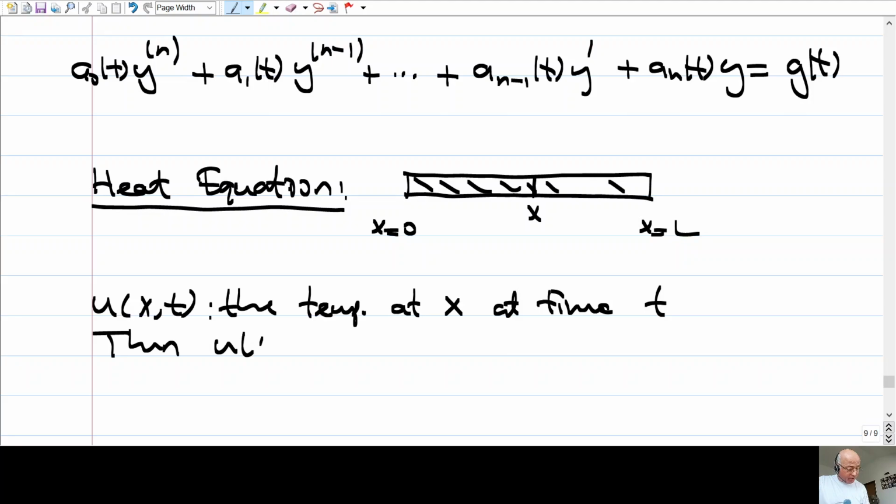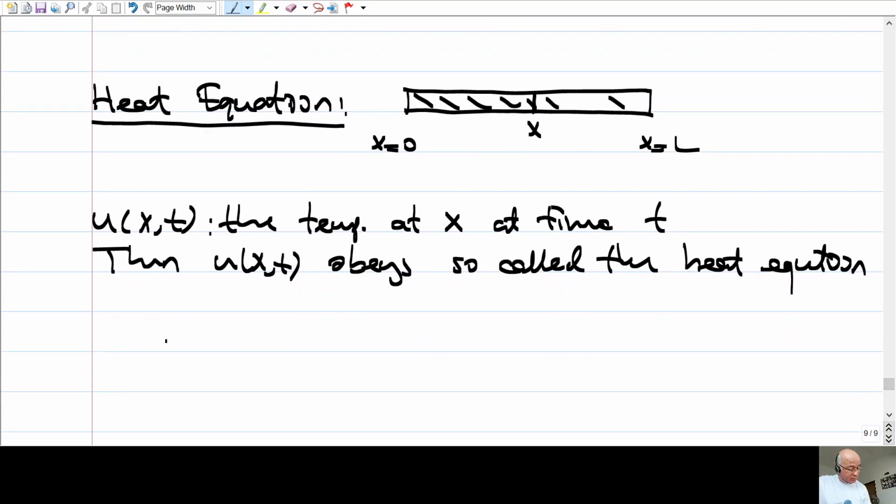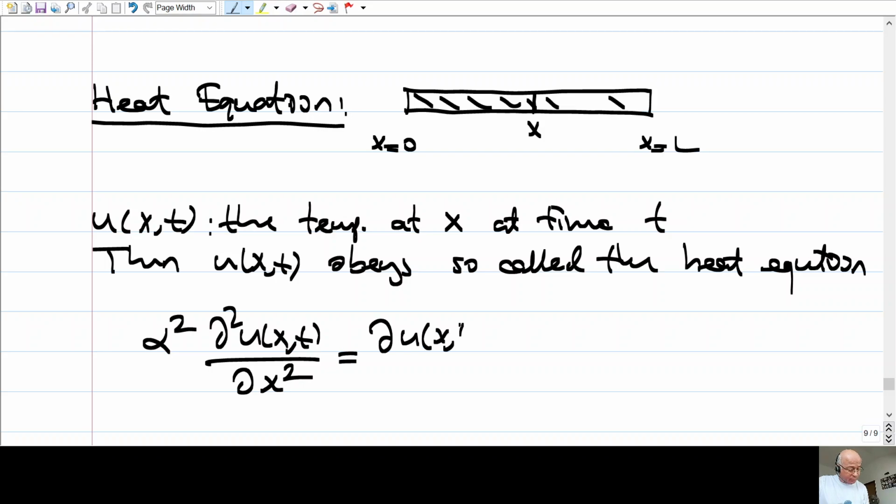Then u(x,t) obeys the so-called heat equation. And what's that equation? It is this one. Some constant times the second derivative of u with respect to x is equal to the first derivative of u with respect to t.